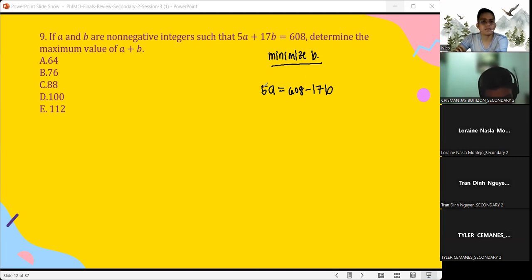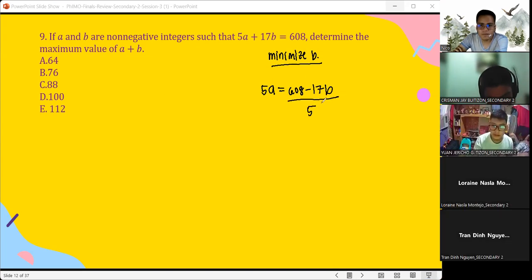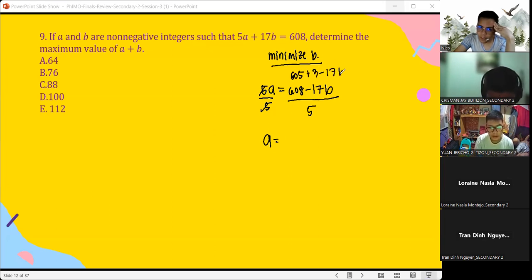So determine the maximum value of 5a. So divide everything by 5. So a here will become, if we use only 605, this is 605 plus 3 minus 17b.